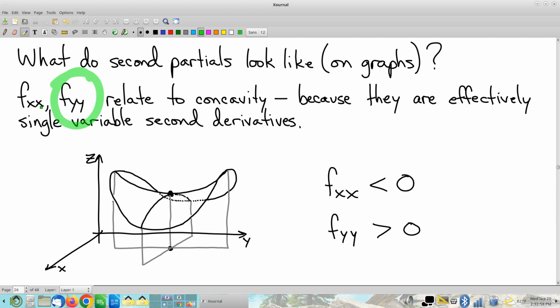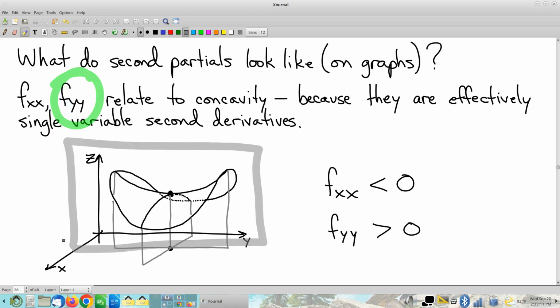If you think about it, the very first thing that we do when we write down f_yy is we say, okay, well, I'm going to have to treat x as a constant. So I'm going to come down here into my picture. Notice this is a graph, by the way. We're going to restrict our attention to this cross-section in the y direction, right?